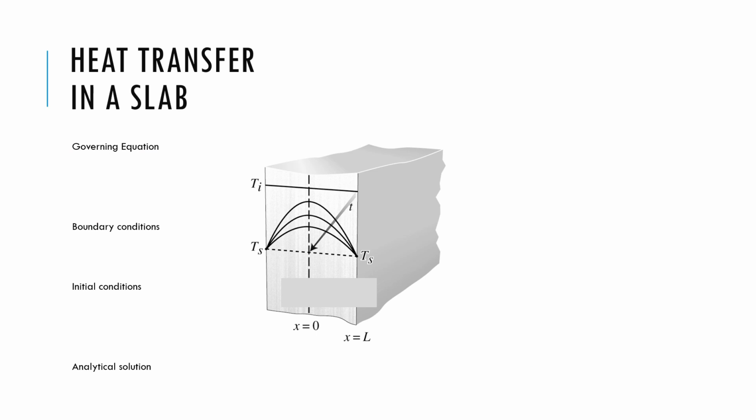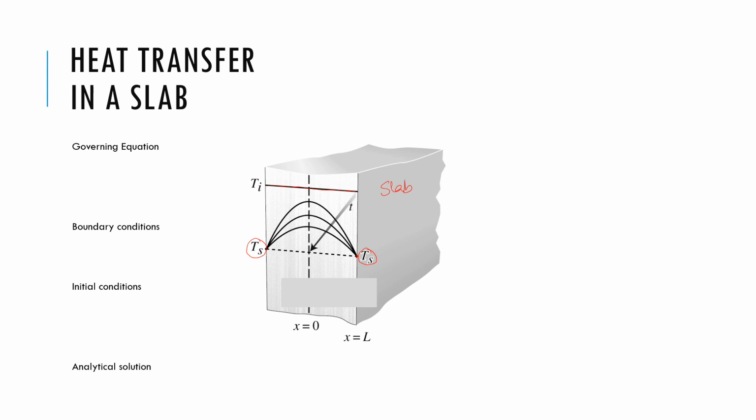Here we discuss the limitations of an analytical solution using a simple everyday example of heat transfer. Let's look at heat transfer in this slab, a 1D heat equation, being cooled symmetrically. This is my initial temperature, and this is my boundary temperature on both sides, so it's a symmetric cooling process.